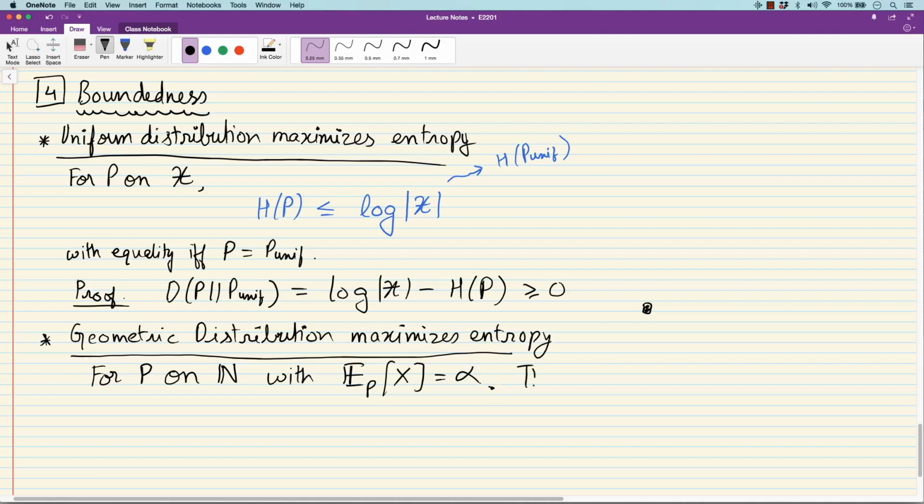Then this is the second result: H of P is less than or equal to log(alpha minus 1) plus alpha log alpha by alpha minus 1.